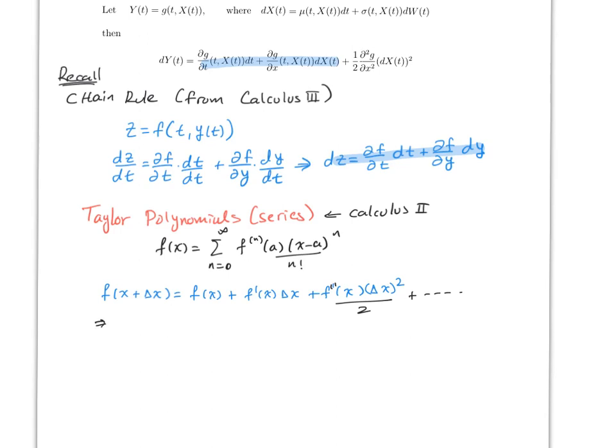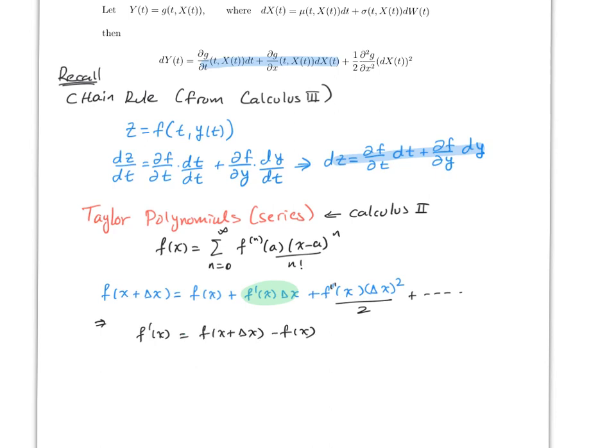So from here, if you solve for f prime of x, notice that this will be equal to f of x plus delta x minus f of x.